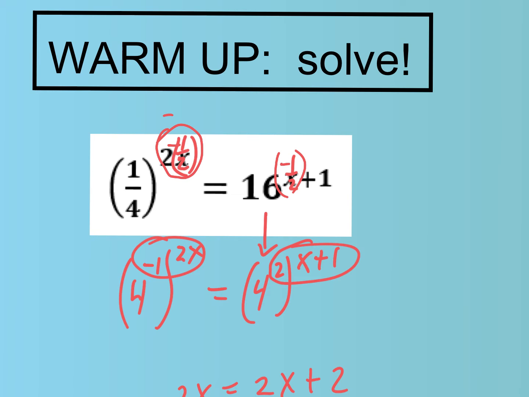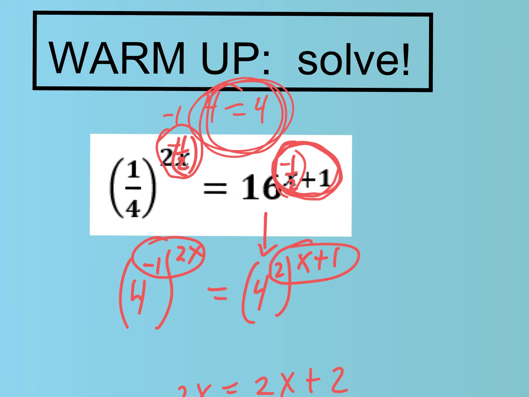That makes negative 1. And what's 1/4 to the negative 1 power? 4. So 4 equals, and then this one makes positive 1/2. 16 to the 1/2 power is the square root of 16, which is 4.